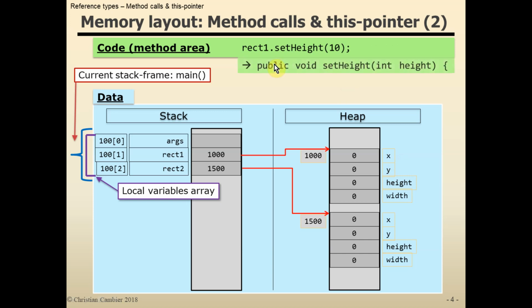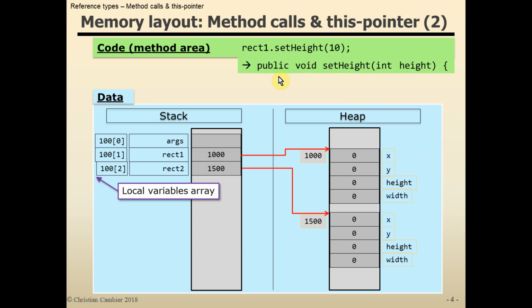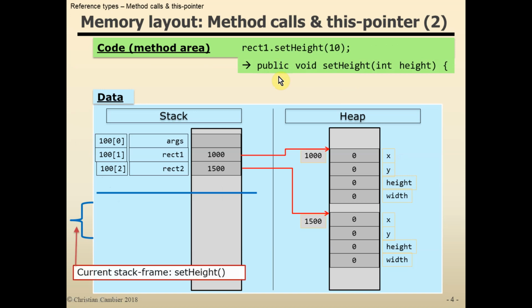When setHeight is invoked, a new stack frame is created for this method. This stack frame now becomes the current stack frame. Our method has one parameter, height. But unlike what you might expect, it will not be the first variable in the local variables array of the current stack frame, as we've seen so far.